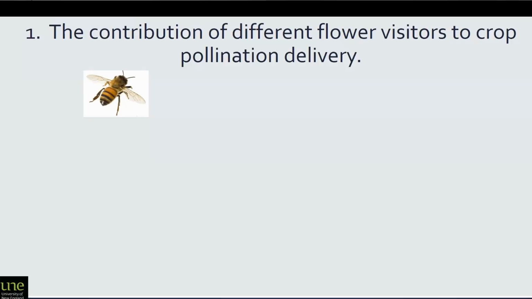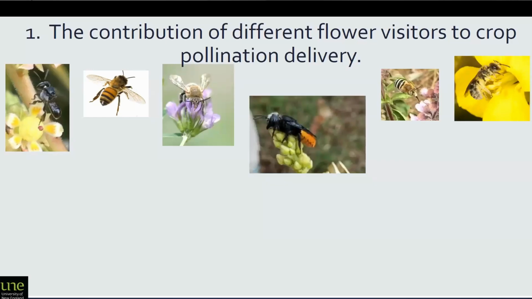So the first I'd like to talk about is the honeybee. The honeybee is a really important pollinator for a majority of our food crops in Australia. This is because it's efficient in most crops, and it's also easy to truck around and put in the places that we need pollination. There's also over, I don't know what the latest estimate is, 1,700 or 1,800 species of wild bees in Australia.